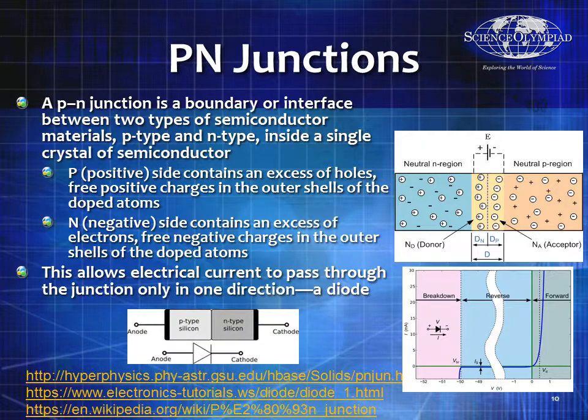So when we put these N-type and P-type together, as shown in the diagram, we make the anode and cathode by putting a p-type and an n-type together. The positive side contains an excess of holes. The negative side contains an excess of electrons.